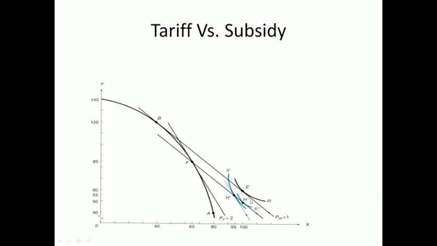And at similar prices, the consumer is reaching a higher indifference curve in this economy. So this indicates the tariff is actually leading to lower welfare. And if we provide export subsidy instead of imposing tariff, that would lead to higher consumer welfare in the economy. So that is all about the analysis of non-tariff barriers in the economy.